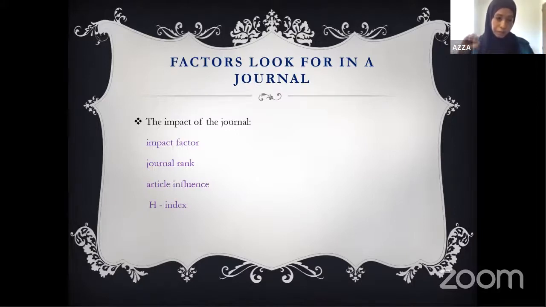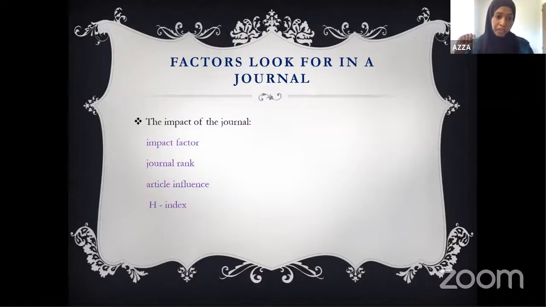So it's a number. Let's say a specific journal has an impact factor of 4. That means in a particular year, this journal has 4 citations per article on average, and an impact factor of 10 is an excellent number.